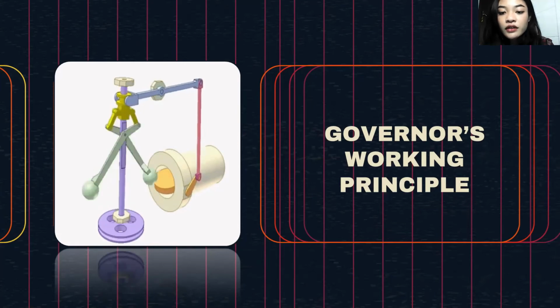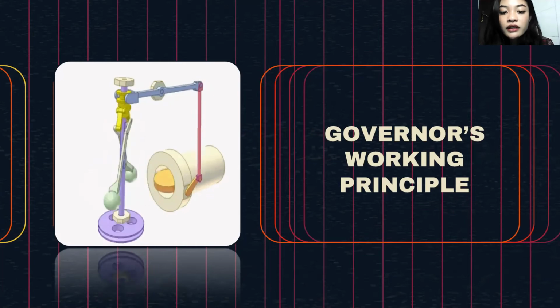Centrifugal force that occurs due to rotation causes the pendulums to toss outward. The pendulums are connected to the collar on the shaft. The collar will rise accordingly as the pendulums move out against gravity, and if the pendulums move down, then the collar will move down.